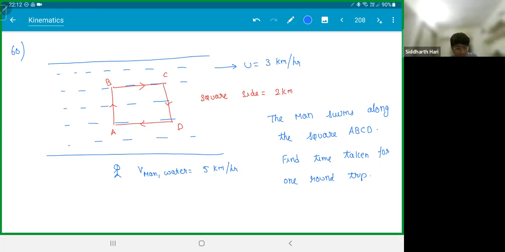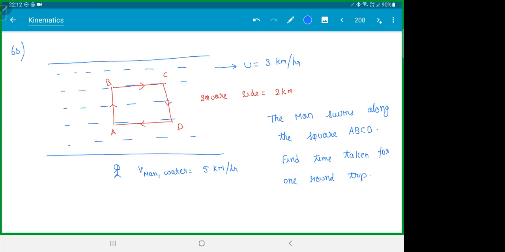Try, I'll give you a minute more. Not a single answer is matching. 2.25.